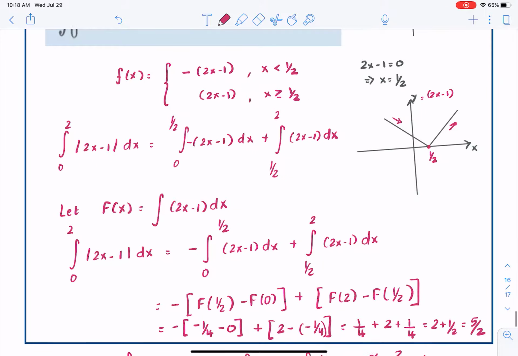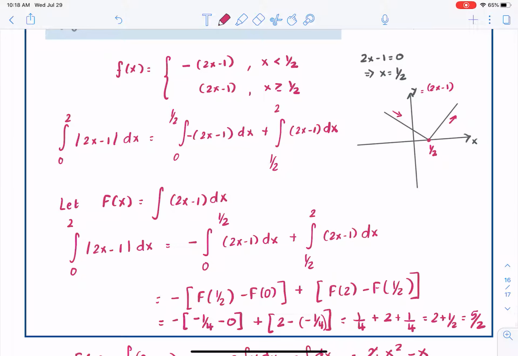So which simply would be the area from here to 2. If 2 is right over there, we're simply adding the area over here to the area over there.